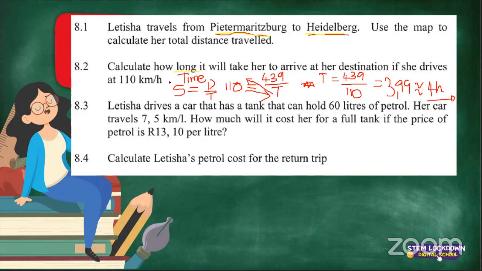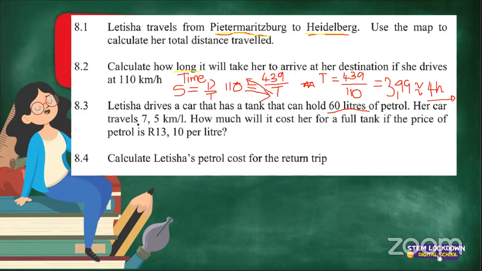Okay, next question. Hopefully you guys understood that. Next question, 8.3. Letitia drives a car that has a tank that can hold 60 liters of petrol. So underline 60 liters. This is the capacity of the tank. Her car travels 7.5 kilometers and consumes 1 liter.